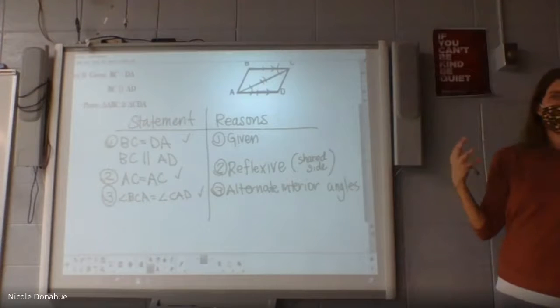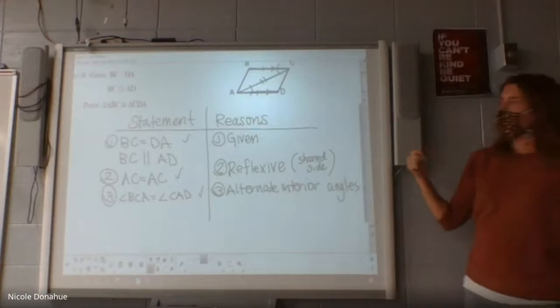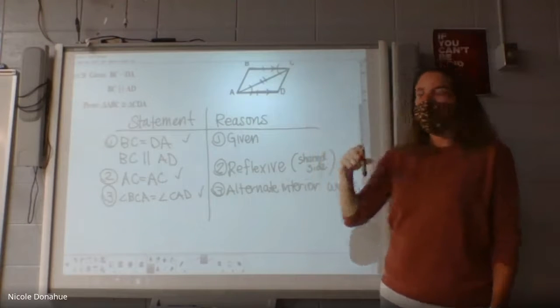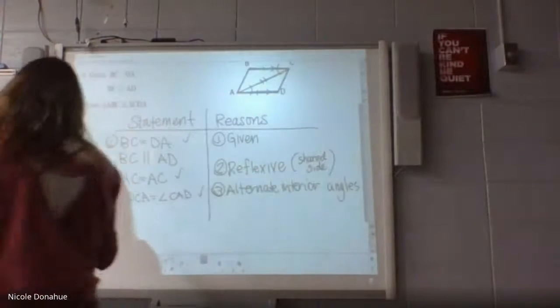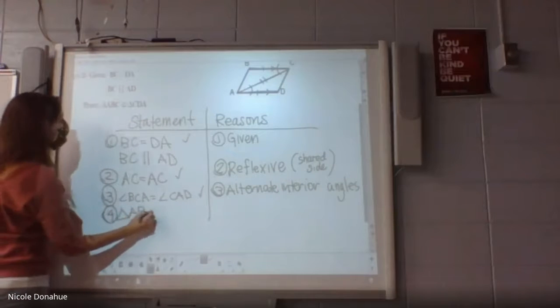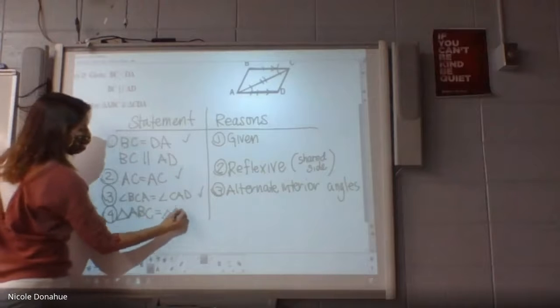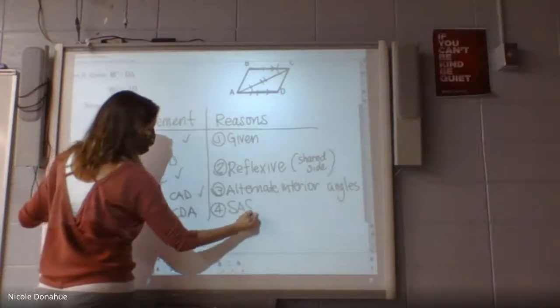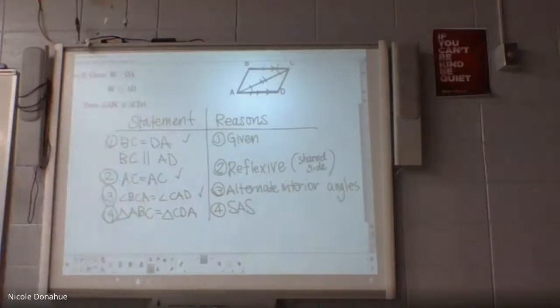It's the three letters we're using on this one. Side, angle, side, the angle between the two sides. So that's going to be our reasoning. That's considered our proof there. So we've proved the triangles are congruent.